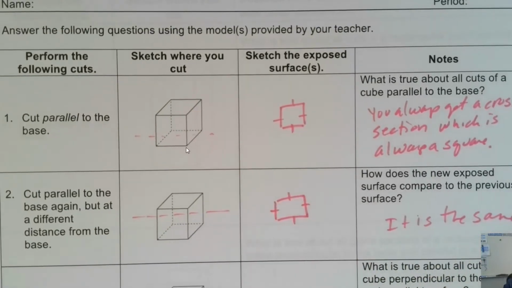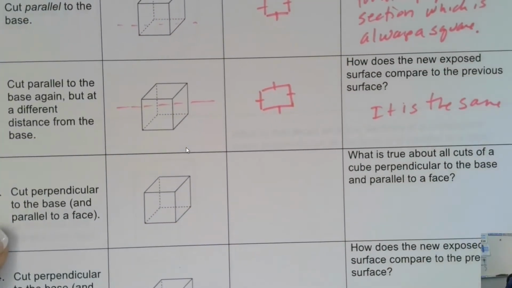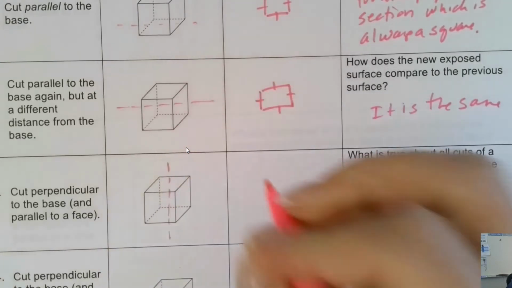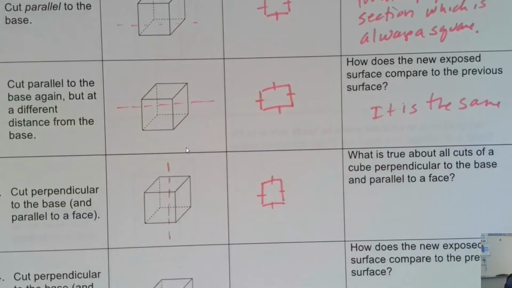A cut perpendicular to the base and parallel to a face. Perpendicular to this would be straight down at a 90-degree angle, not at a slant or a slope of any kind, just straight down. Straight down, we would still get this square.